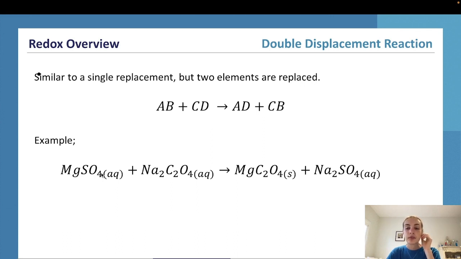So we can use Rule 6 for oxygen and Rule 7 for magnesium. However, we've got 4 oxygens, so we'll do -2 times 4, and that gives us -8.